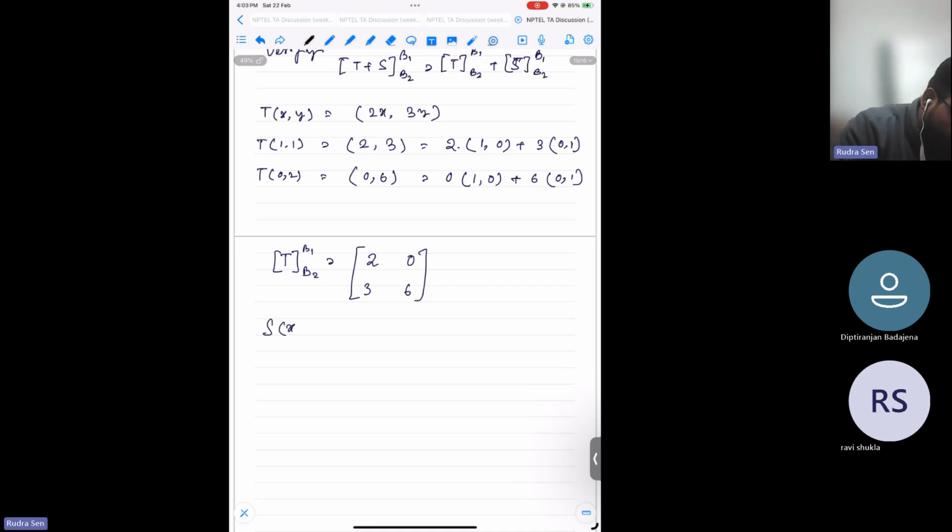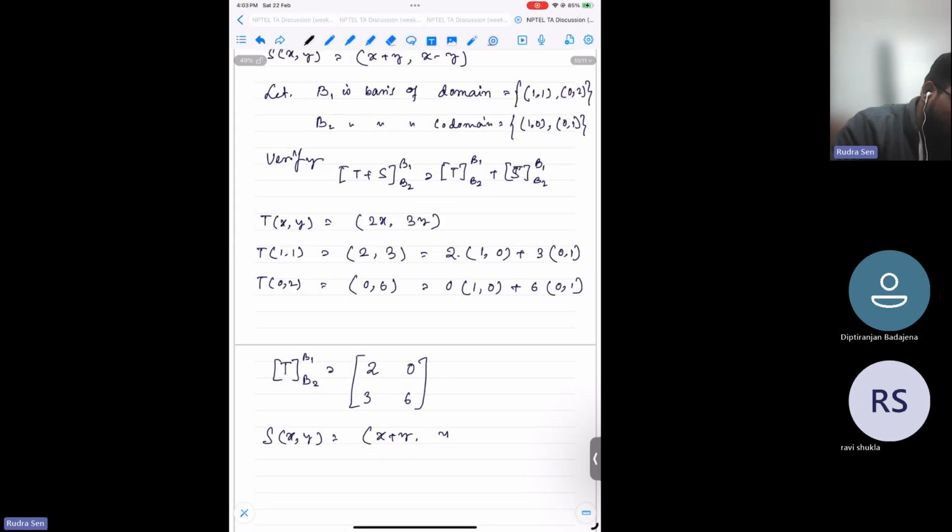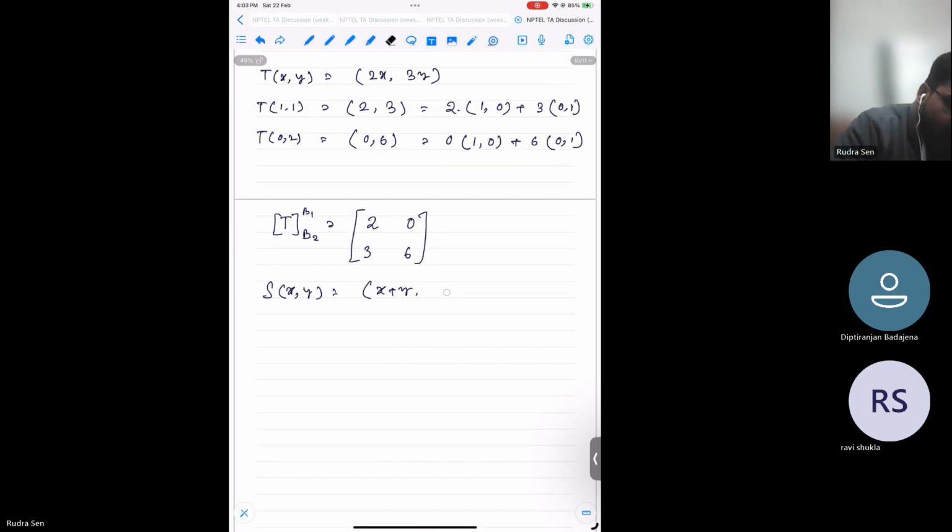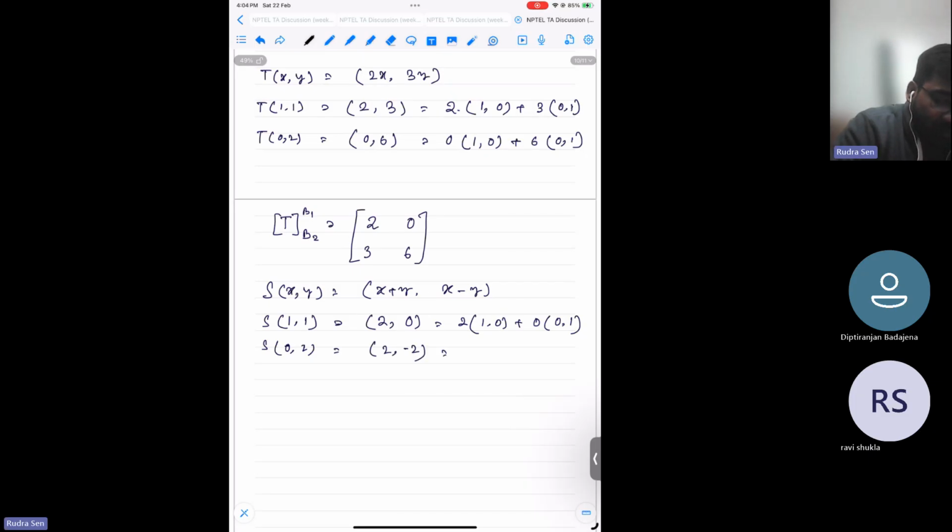Similarly, if we do S of (x, y), which is (x + y, x - y): for (1, 1) we get (2, 0), and in the codomain space we can write it, and for (0, 2) we get (2, -2).